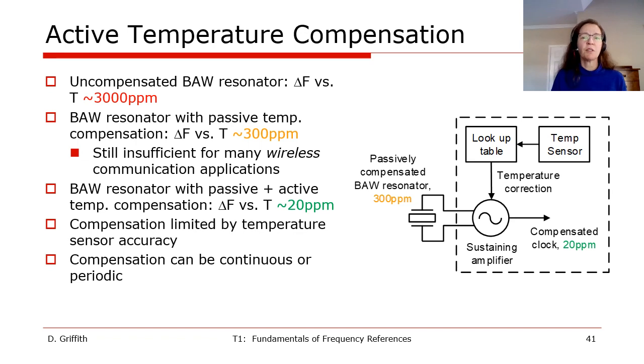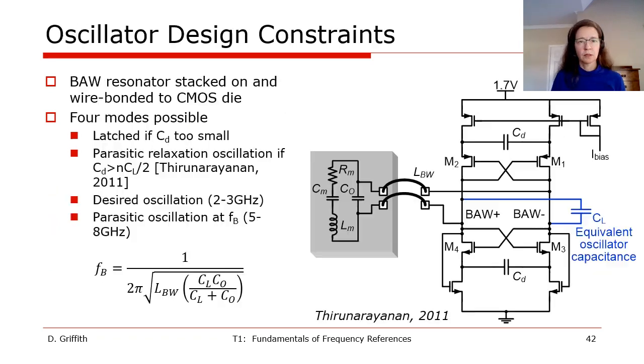So active and passive temperature compensation together can get much better results, down to, for example, 20 ppm in this diagram. So the exact clock accuracy will of course be limited by the temperature sensor performance, how often the compensation is done, because it could be done either continuously or periodically depending on the application needs.